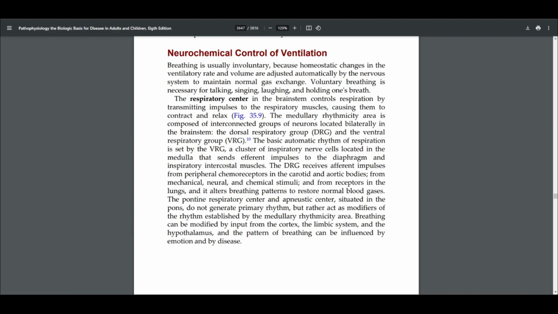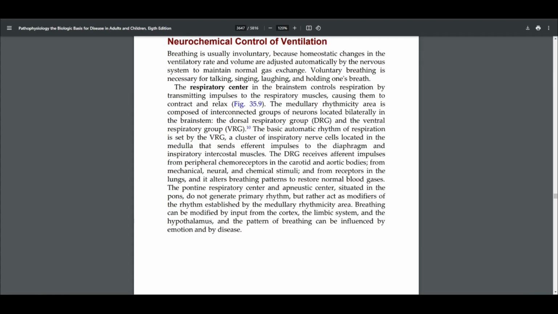Neurochemical control of ventilation. Breathing is usually involuntary because homeostatic changes in the ventilatory rate and volume are adjusted automatically by the nervous system to maintain normal gas exchange. Voluntary breathing is necessary for talking, singing, laughing, and holding one's breath.